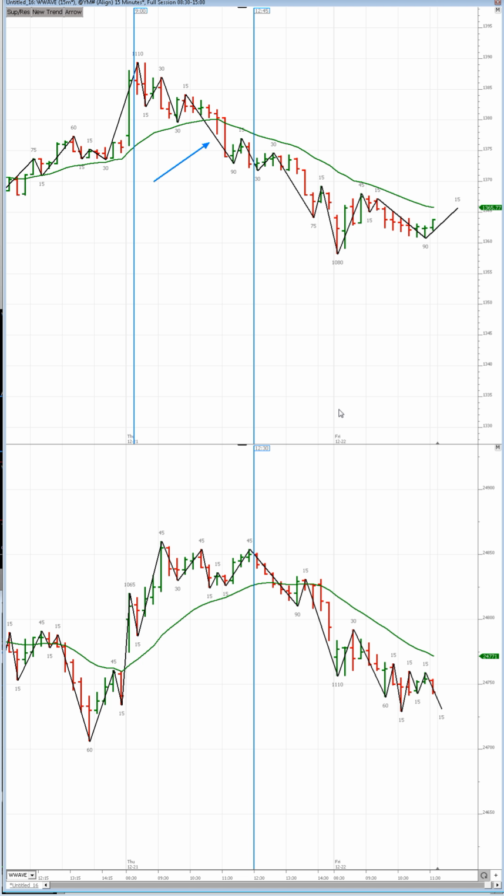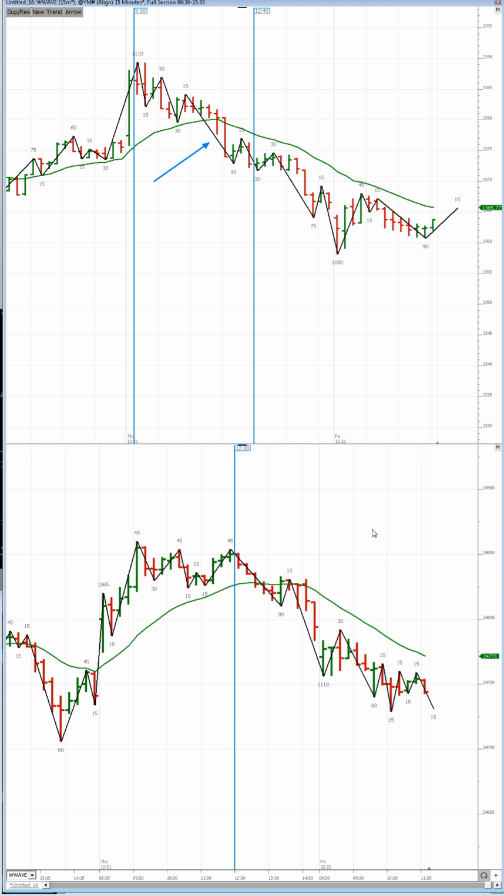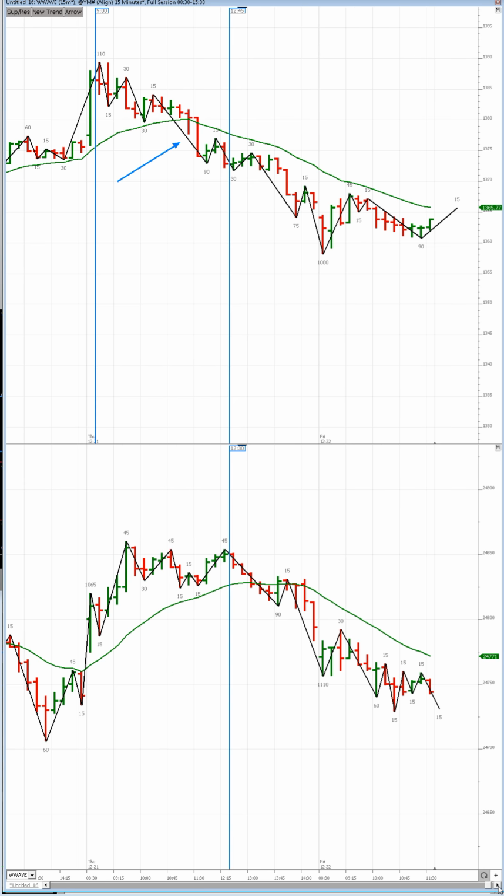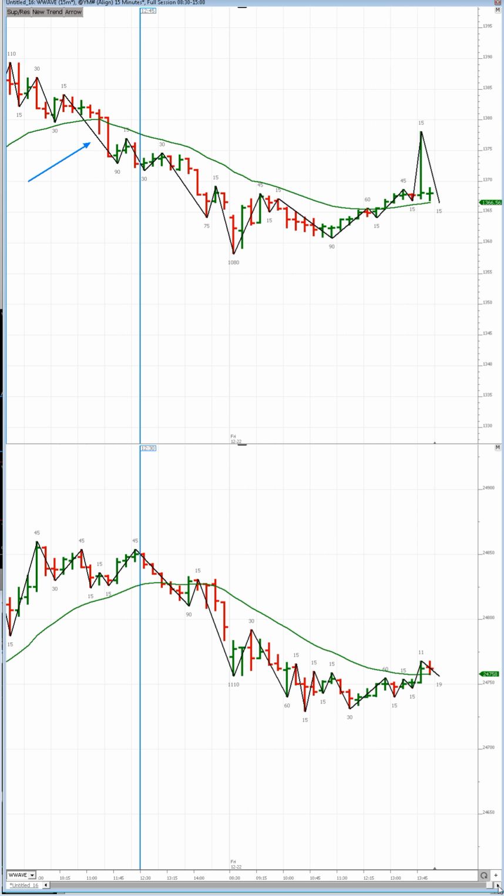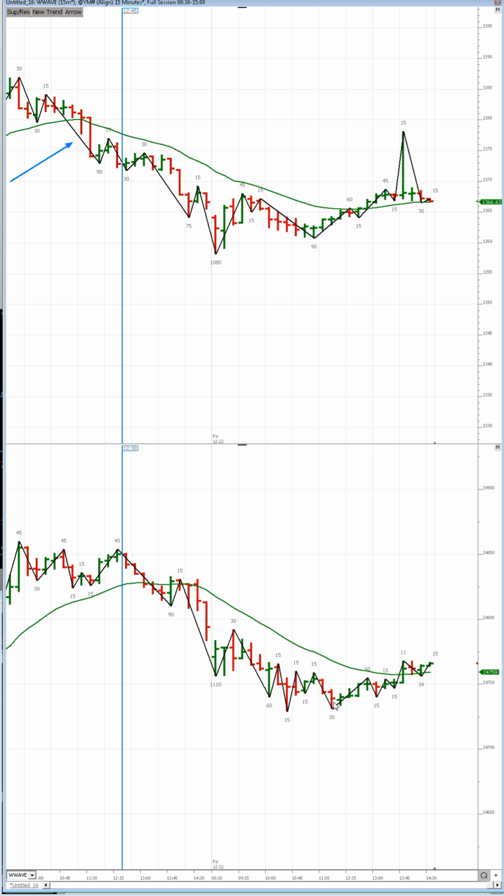So after that, the YM joined in, and let's see, while this is making higher lows, this was making lower lows.